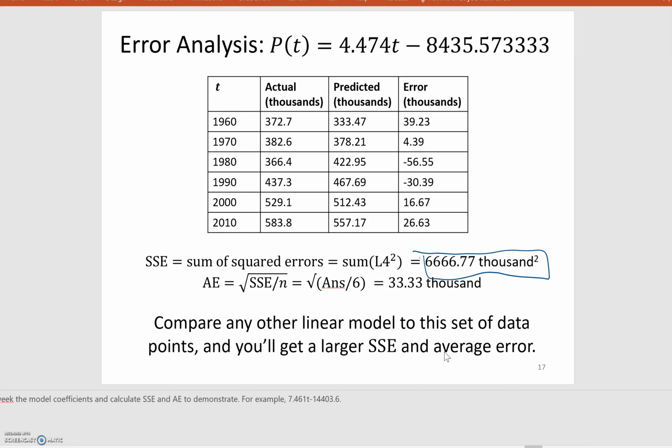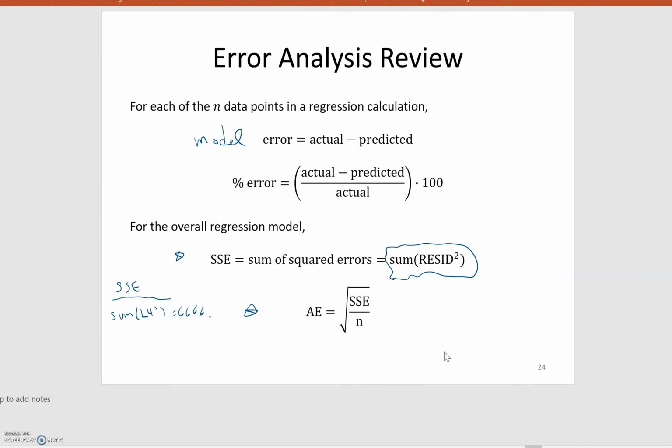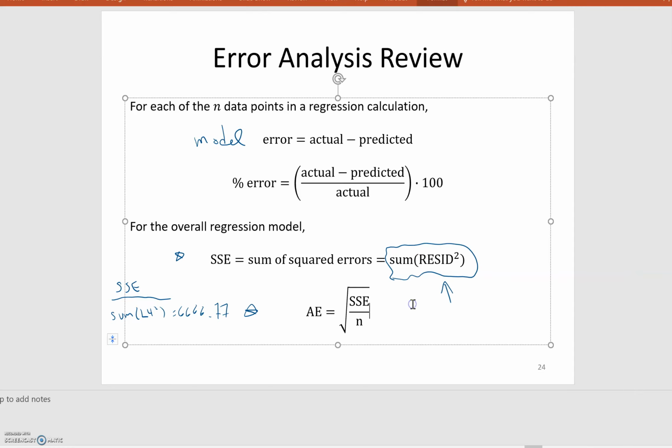Now what I'm going to show you is another way to do this using resid. And to be honest, this is easier. So you might want to know both methods. Well, first of all, what is resid? What is a residual?